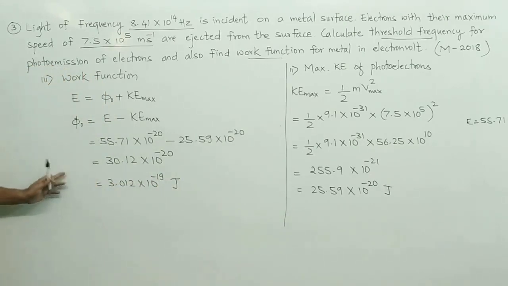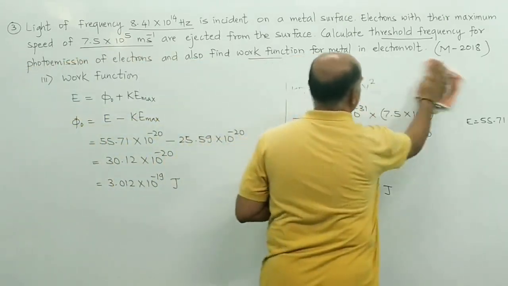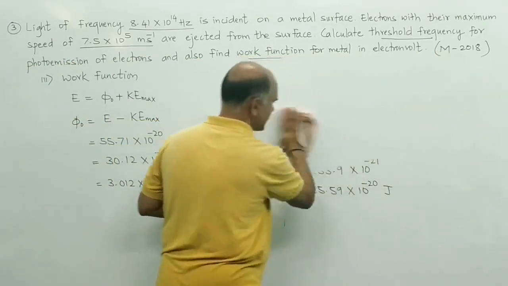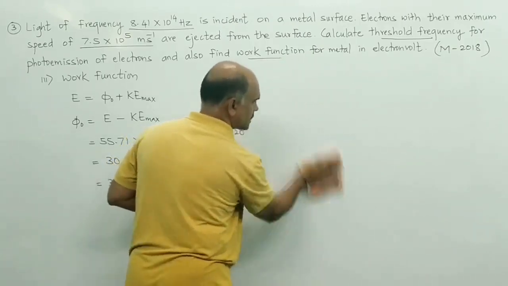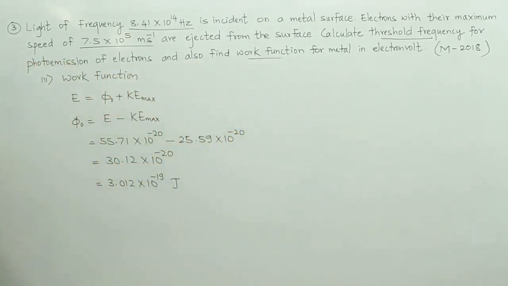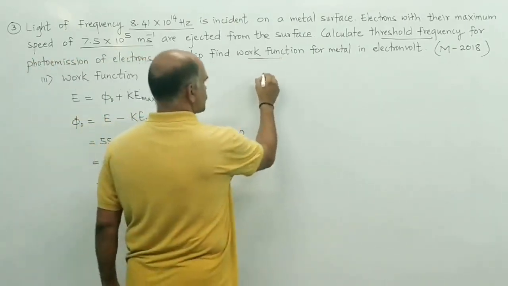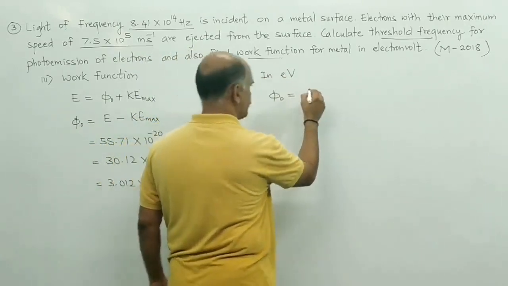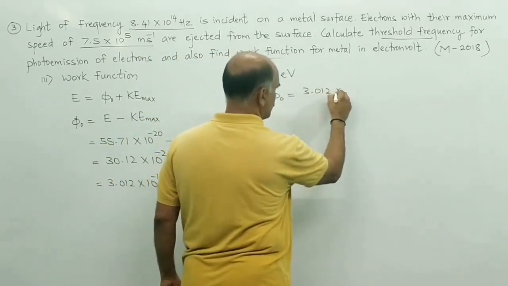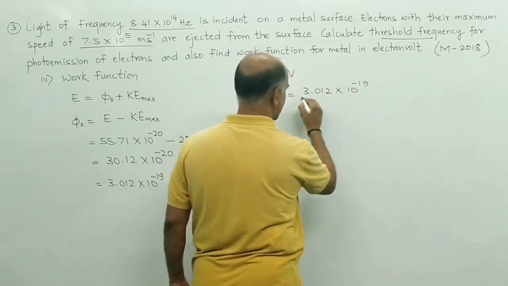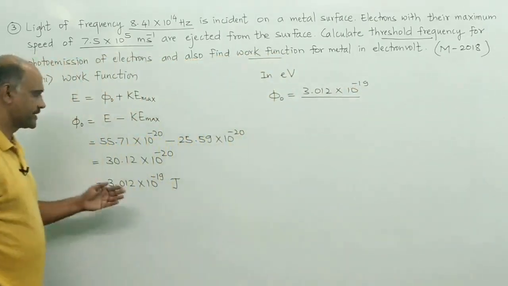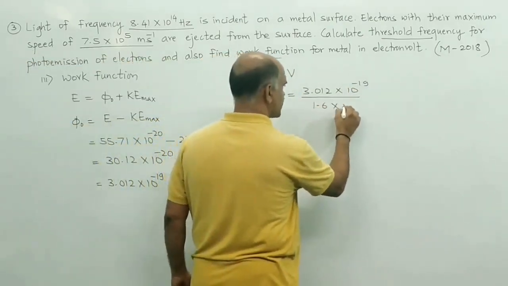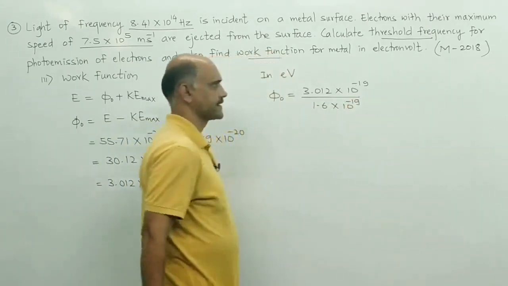Now I will convert this into electron volt. So to convert from joule to electron volt, you are required to divide the value by charge of electron. So in electron volt, phi naught will be equal to 3.012 into 10 raised to minus 19, divide that by charge of electron, that is 1.6 into 10 raised to minus 19.